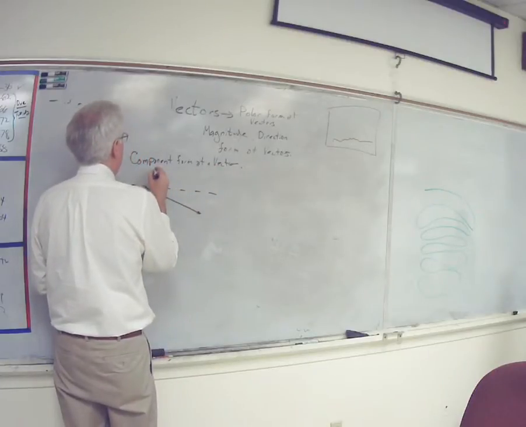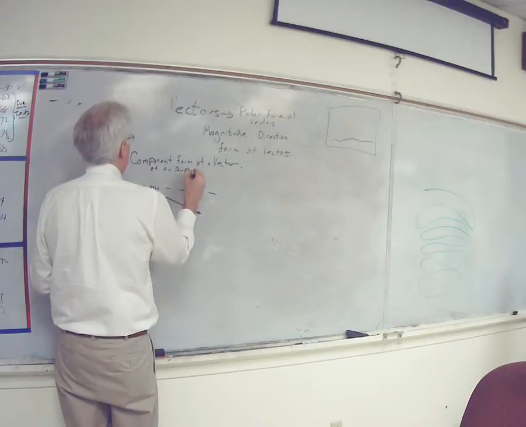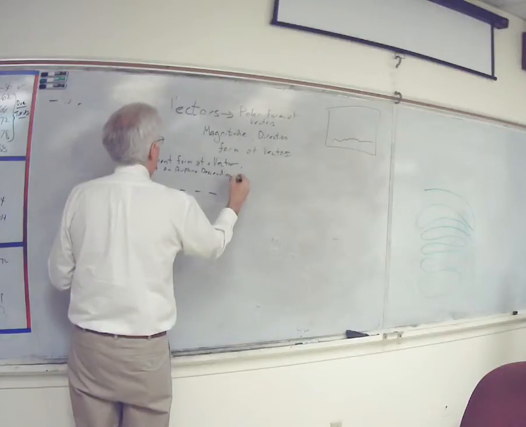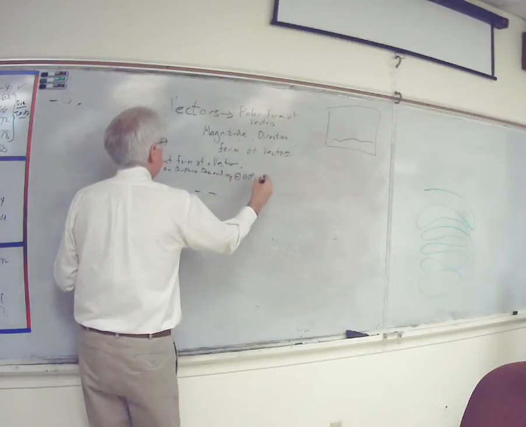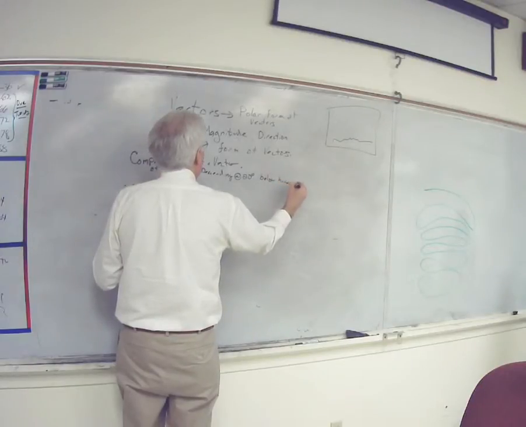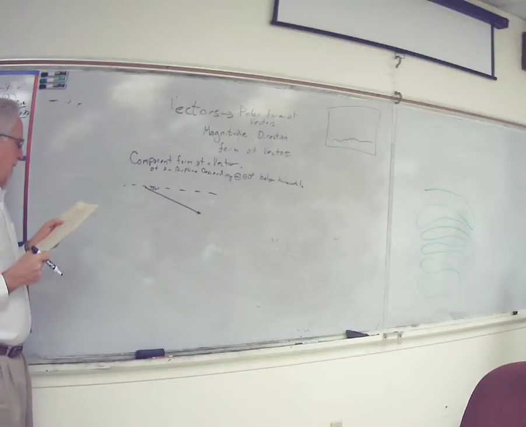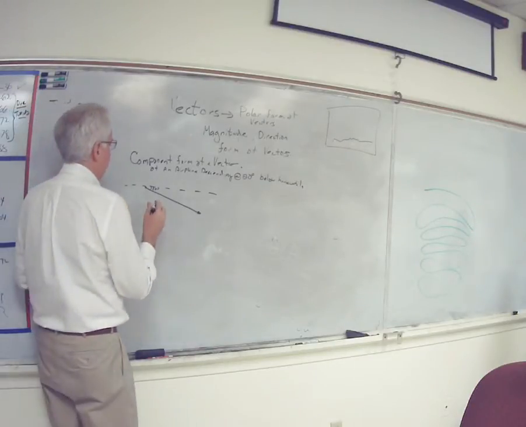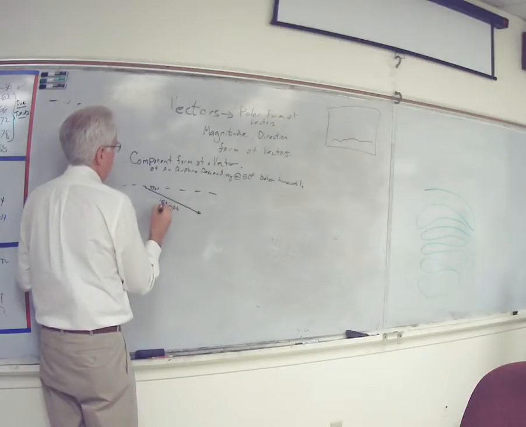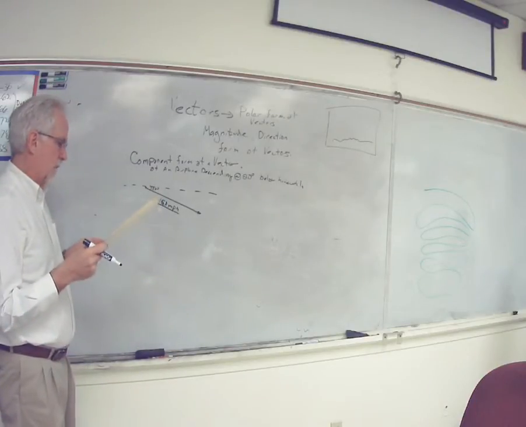Does that picture make sense? And it's going at 150 miles per hour. So I have a magnitude, 150 miles an hour, and I have a direction.